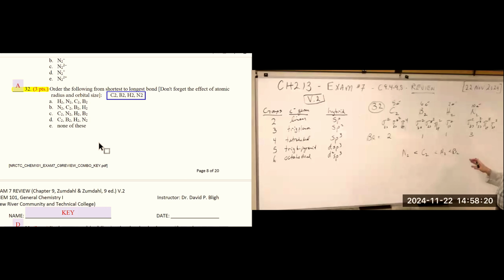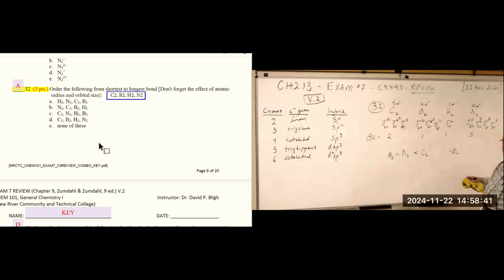Okay, here's the rub. If we're doing shortest to longest, overlapping 1s orbitals and bringing those closer together would actually put hydrogen down here. Hydrogen is actually the shortest bond length.